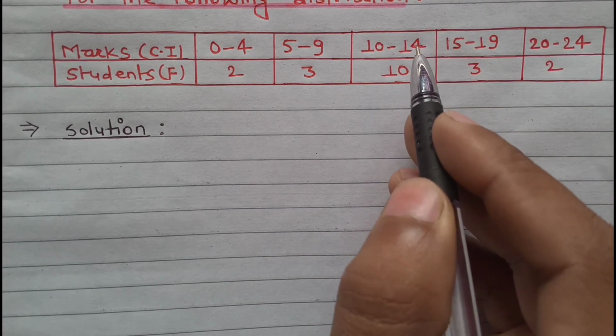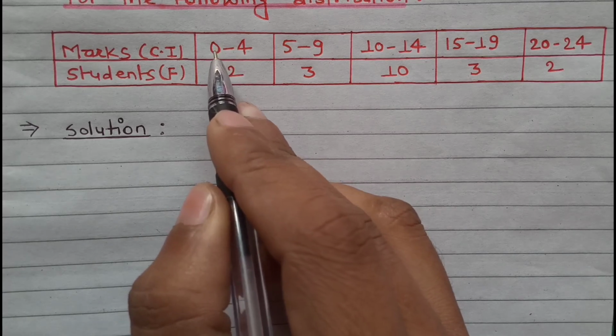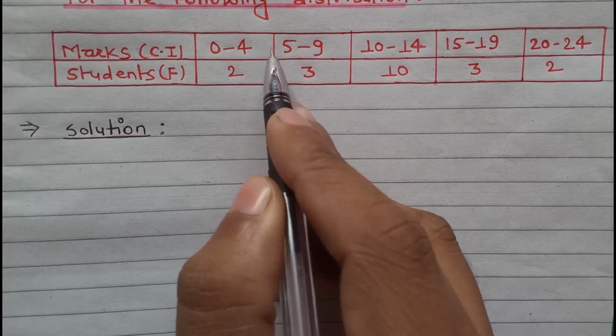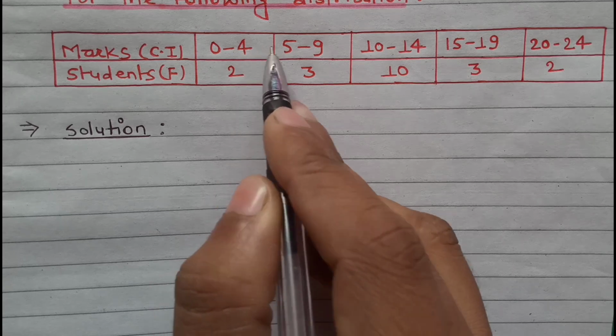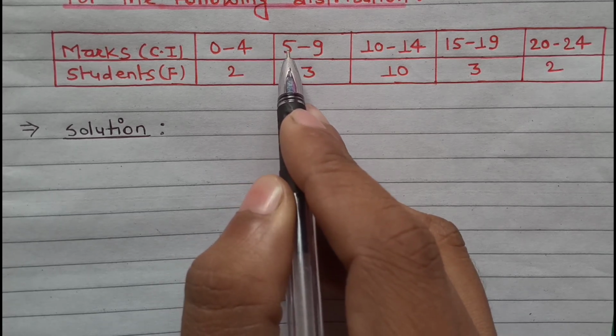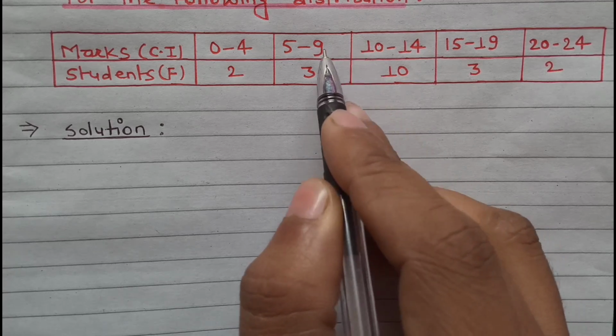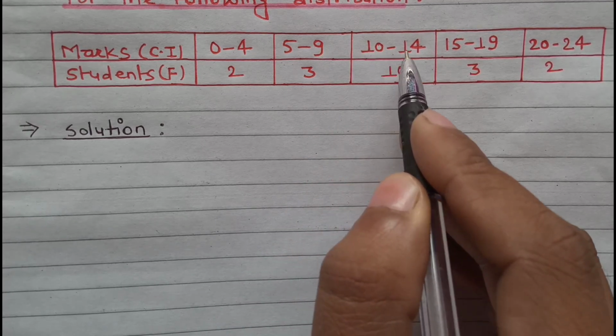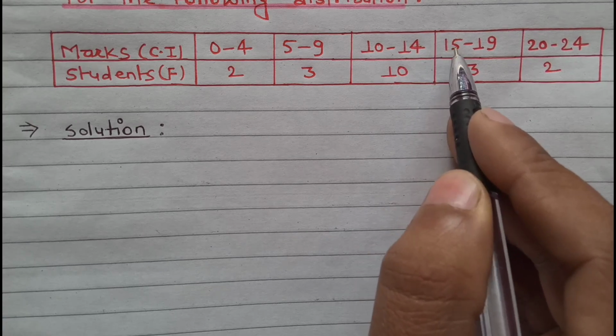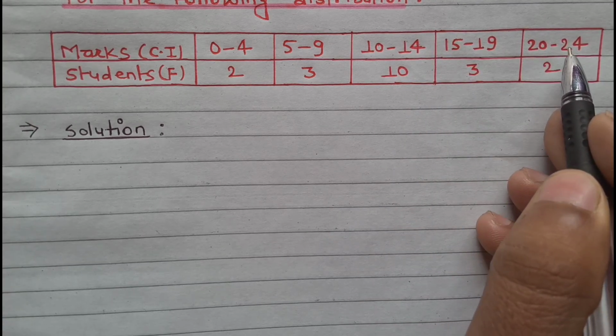If the data is in intervals like 0 to 4, then the next interval is 5 to 9. Between 4 and 5, there is one gap. Then between 9 and 10, there is one gap. So 10 to 14, again a gap, 15 to 19, again a gap, 20 to 24.